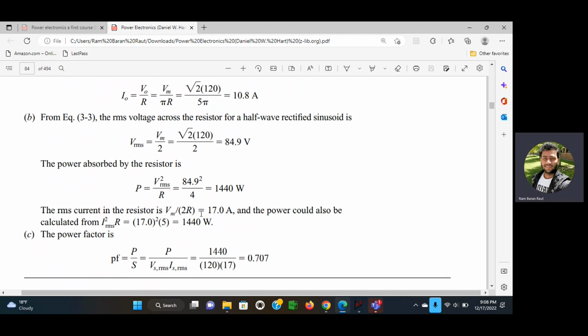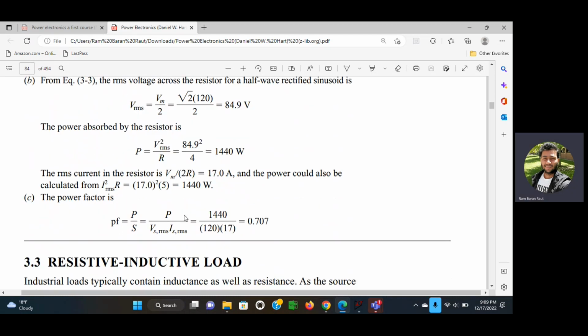And there is an alternative method to find the average power consumed by the resistor, which is 1.44, by finding the RMS current in the resistor. And power factor is nothing but average power divided by apparent power.